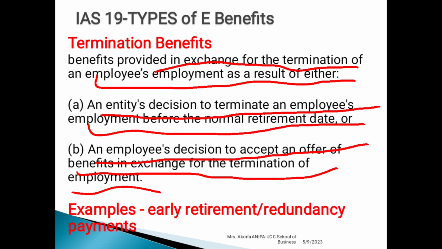An example includes early retirement, because actually you have not reached the retirement date. That's the first situation. It has not gotten to the normal retirement date, but the entity seeks to terminate the employment deal with the employee.